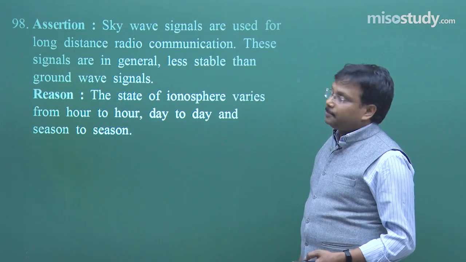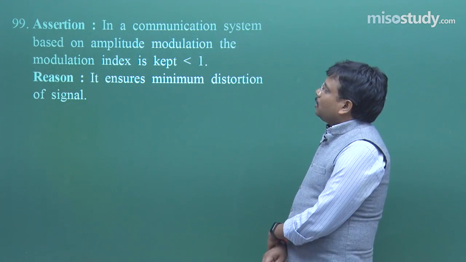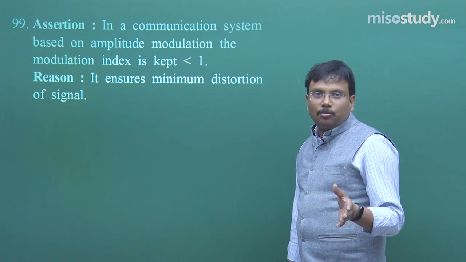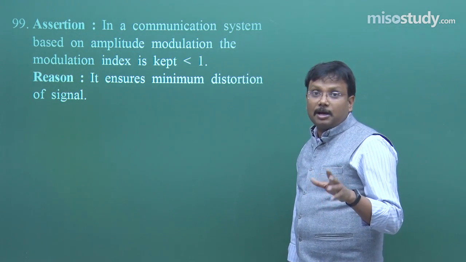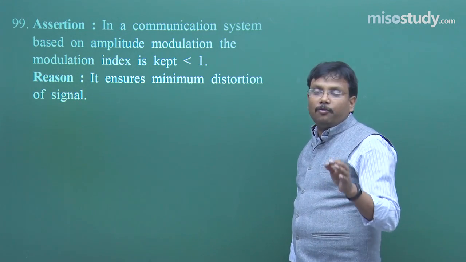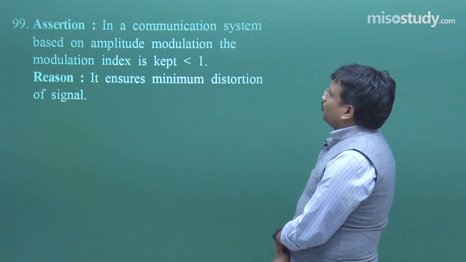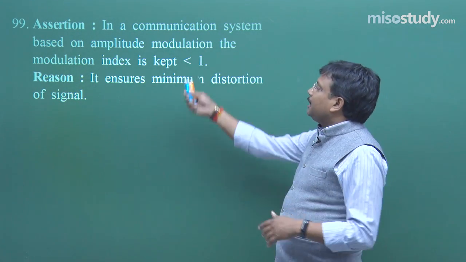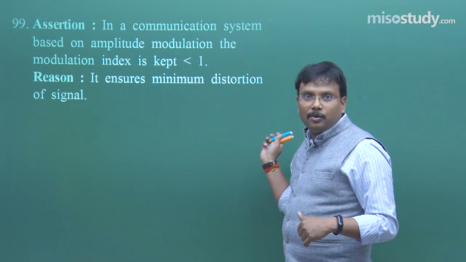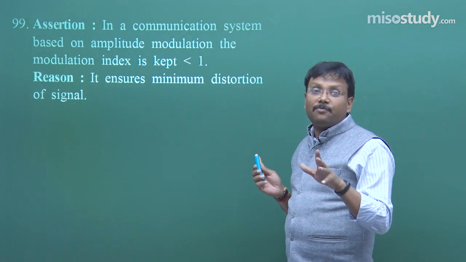Communication. In a communication system based on amplitude modulation, frequency modulation and amplitude modulation, there are two types of modulation mentioned, and my suggestion is at least you should devote around 15 to 20 minutes to read these. Amplitude modulation, the modulation index is kept less than unity, and the modulation index, just 1 minute back I calculated, m is equal to V max minus V min upon V max plus V min, fine.